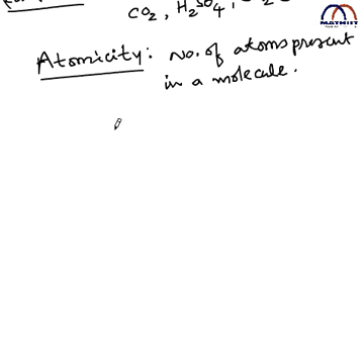Suppose you take carbon dioxide. How many atoms are there? 3 atoms are there in each molecule. That is why atomicity is 3. Suppose you take H2SO4. The number of atoms is equal to 2 plus 1 plus 4, that is 7. Just count the number of atoms present here. Suppose you take the P4 molecule.